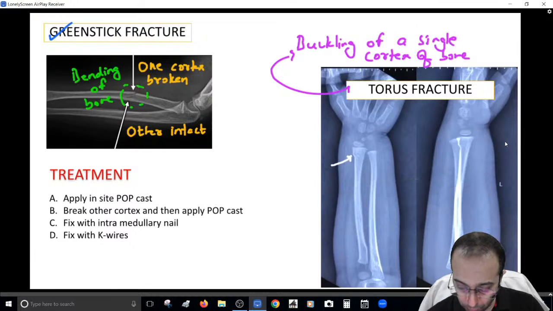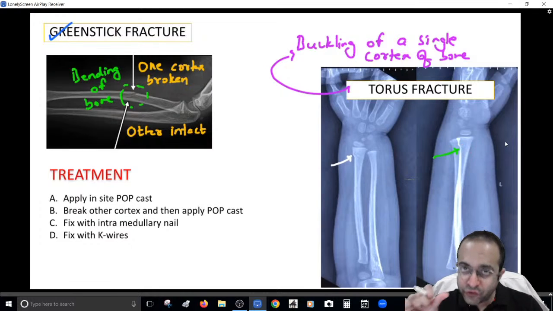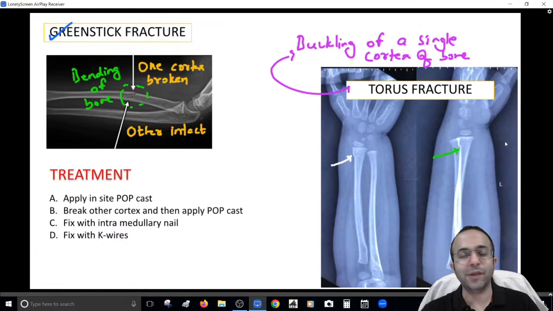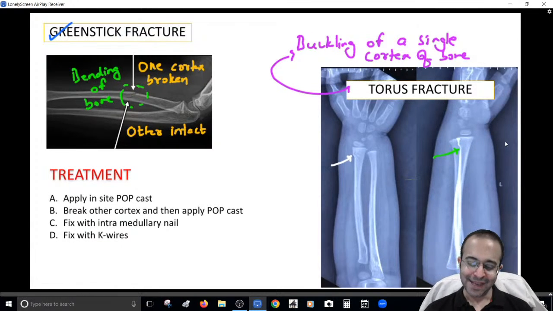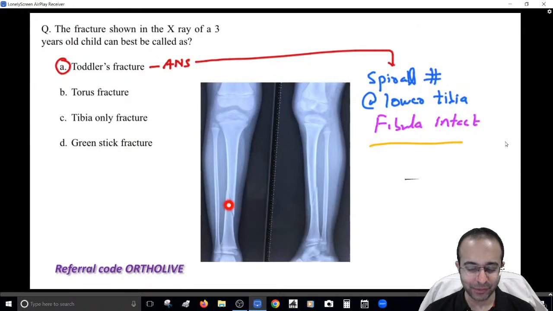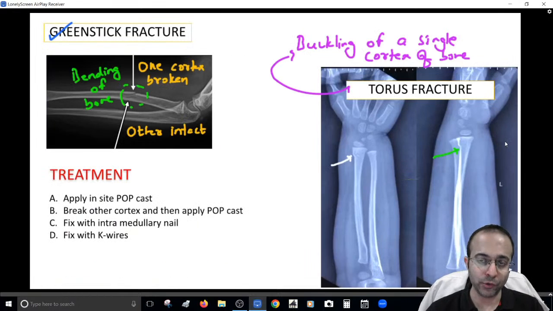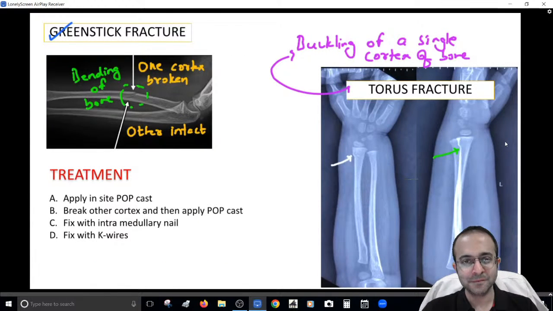So if you see here also, I hope you can pick up one cortex of radius is chipped in. So that's what a torus fracture is. Clear with that? And here you have a spiral fracture in the tibia with fibula intact. It's a toddler's fracture because of that twisting of the bone and the plastic nature of the bone. It's only tibia breaking, fibula intact. So clear with that answer?